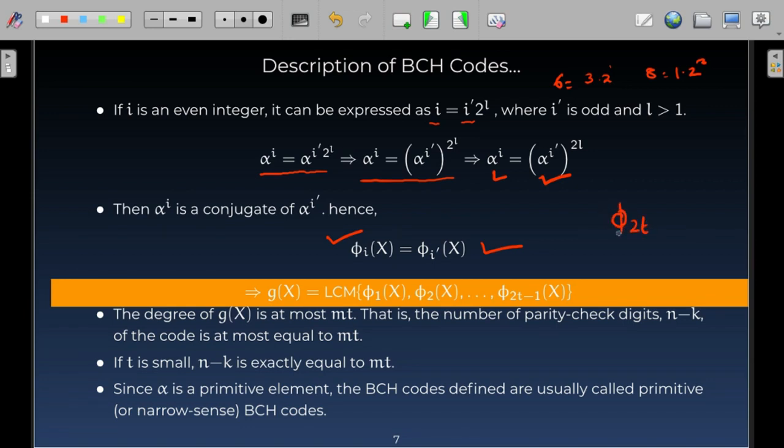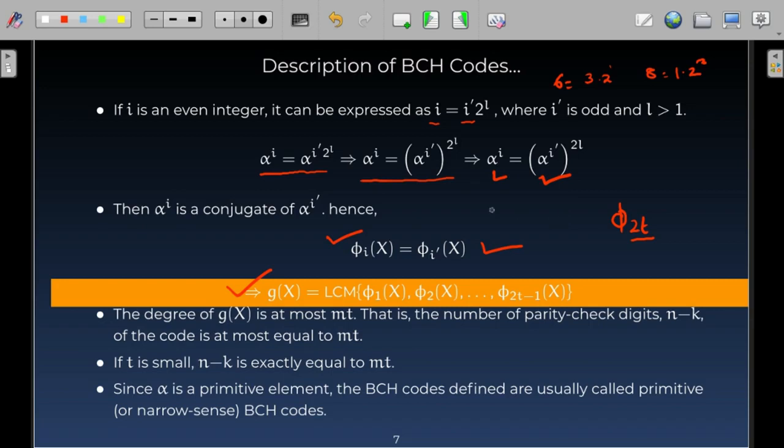So we can say therefore that phi of 2t will be equal to, since 2t is always going to be an even integer, phi of t. So phi of t and phi of 2t are going to be the same thing. Using this property, we can say that the generator polynomial is basically the LCM from phi 1 to phi of 2t minus 1. We don't have to consider phi of 2t, as phi of 2t will be the same as phi of t.